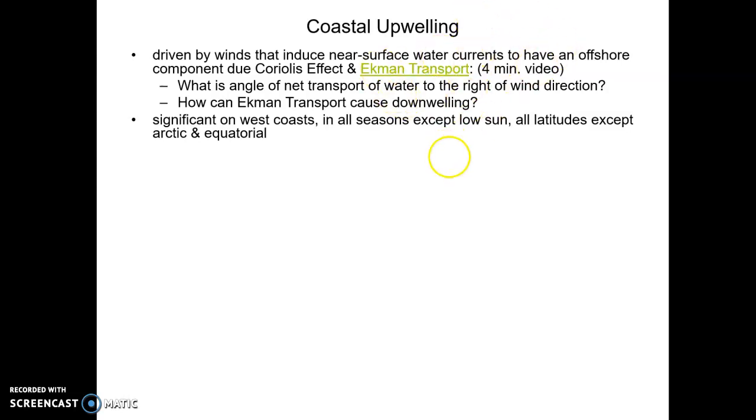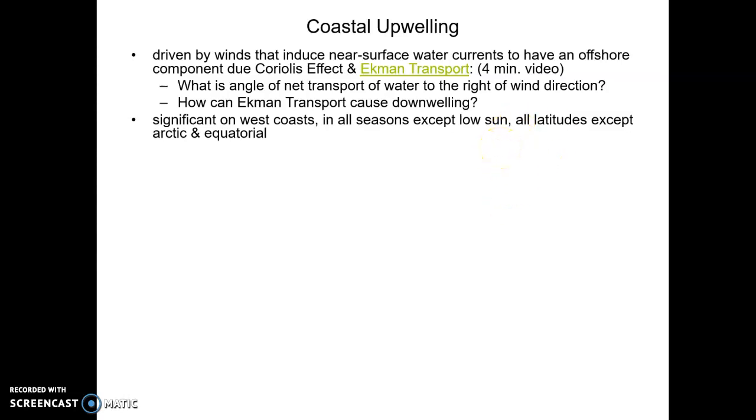And how can the Ekman transport cause downwelling? That basically is where you reverse the direction of the wind so that the Coriolis deflection pushes the water onshore rather than offshore, and then that basically pushes a pile of water towards the shore and causes it to sink. That's what downwelling is.